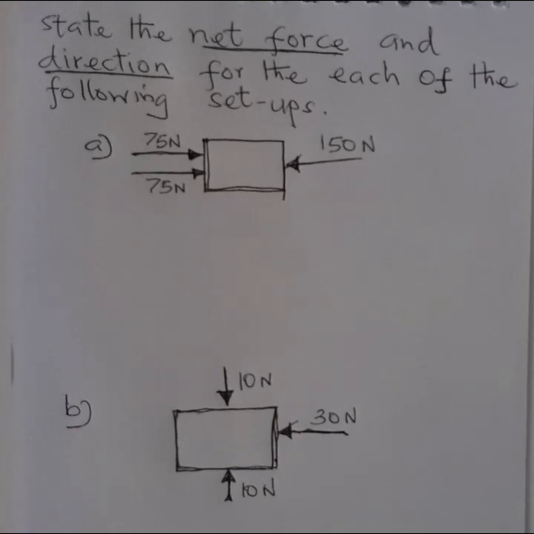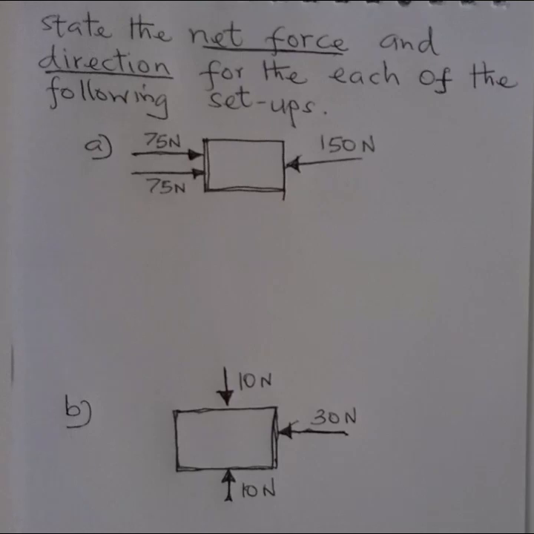Then we can have a force upwards or to the northern direction. Then we have a force downwards or to the southern direction. So that describes the direction. We can have a force of 75 Newton, for example. So 75 Newton is the size or the magnitude of the force.